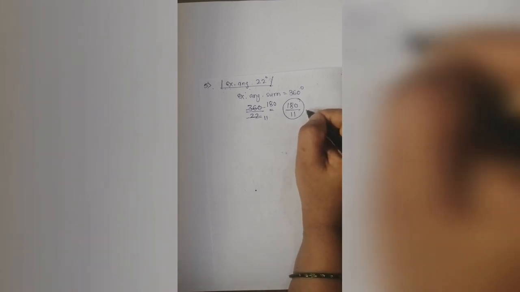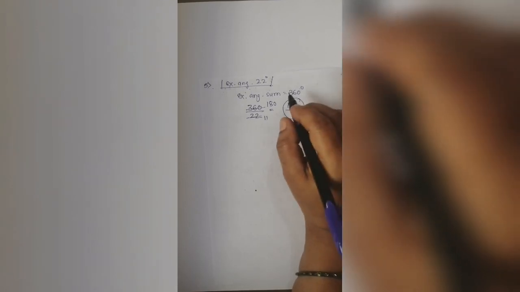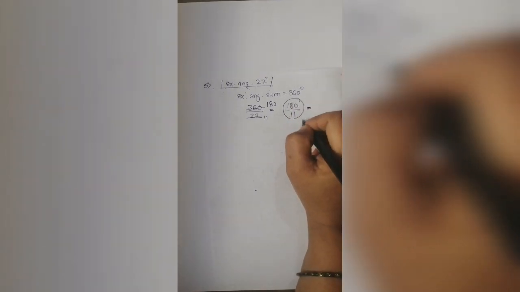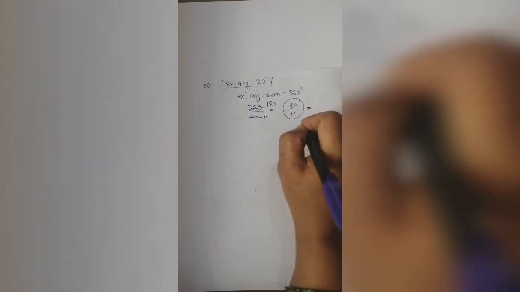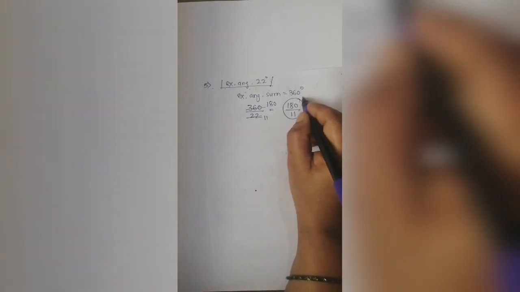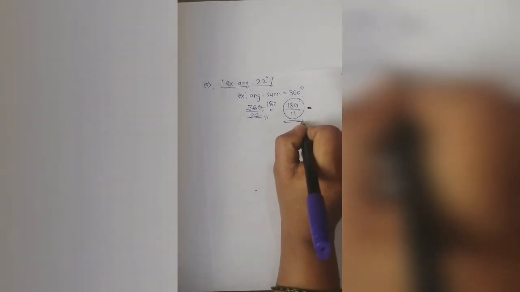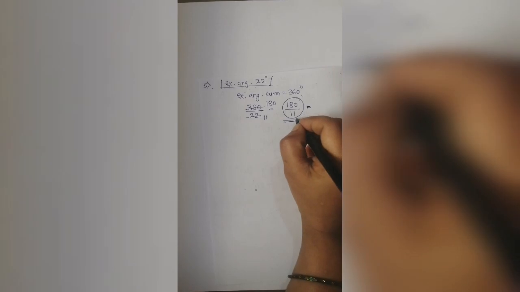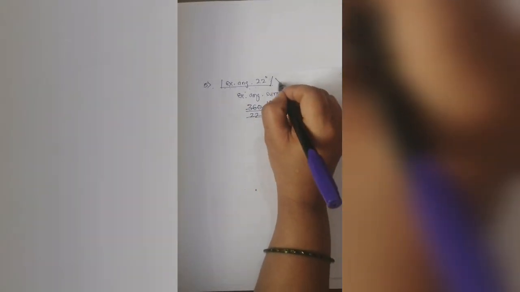That means if the angle is 22, it is not possible for the figure to be a regular polygon with angle 22, because the answer here is not a whole number. That's why it is not possible.